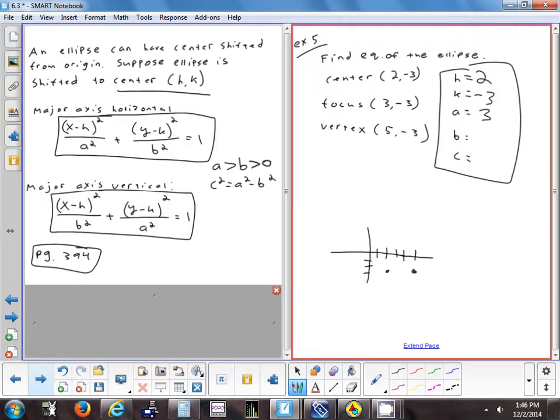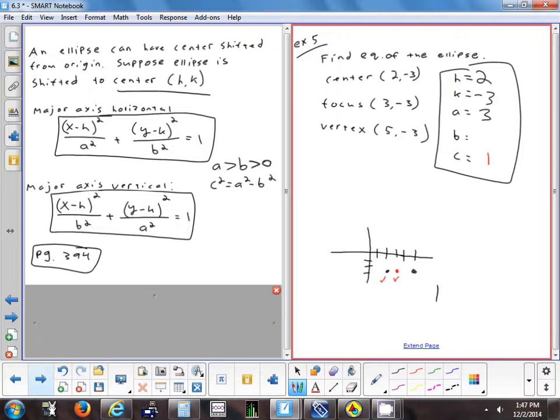B, we don't know. We'll find b using the formula. C, distance between center and focus. Focus is right 3, down 3. What's the distance between here and there? 1. And now b. How do we get b? Use the formula. c squared equals a squared minus b squared.